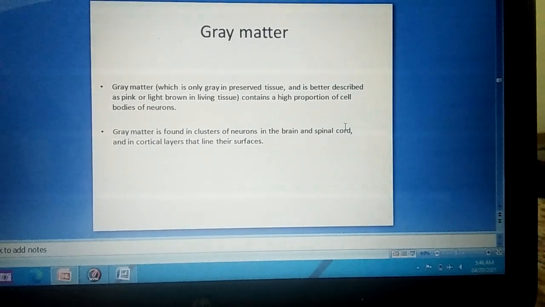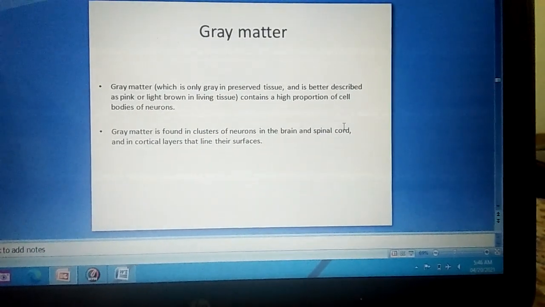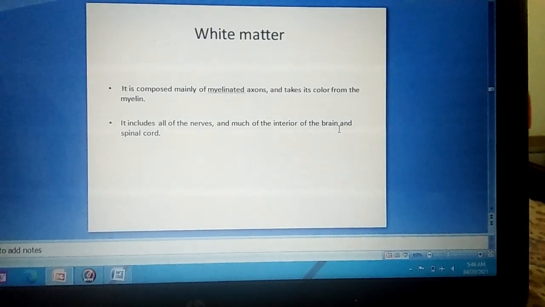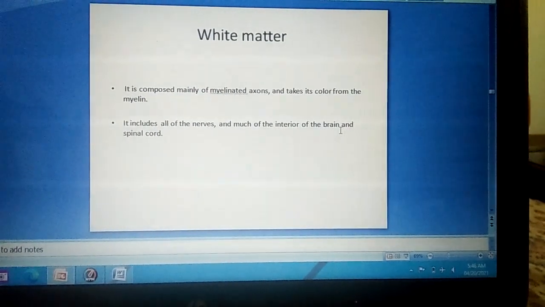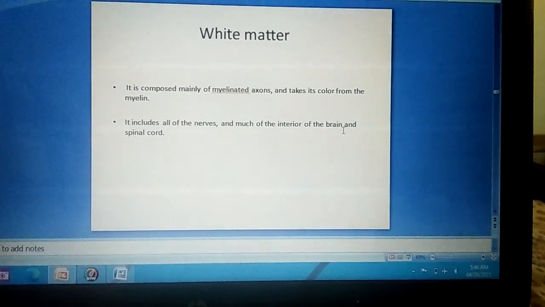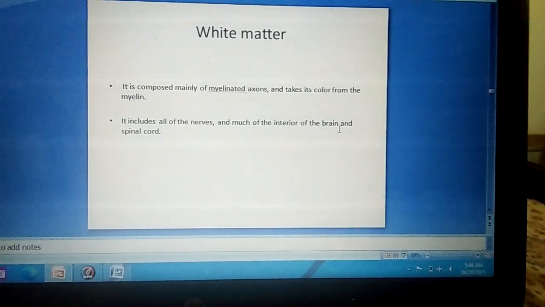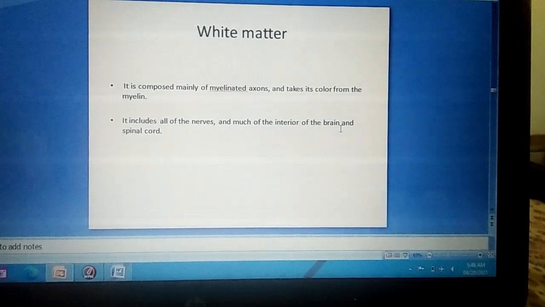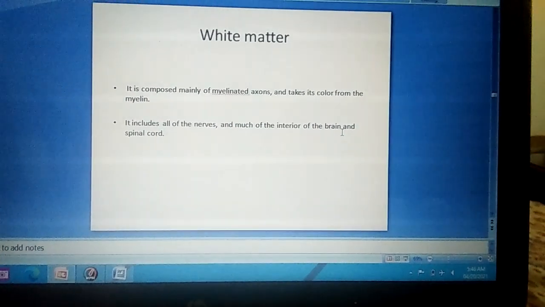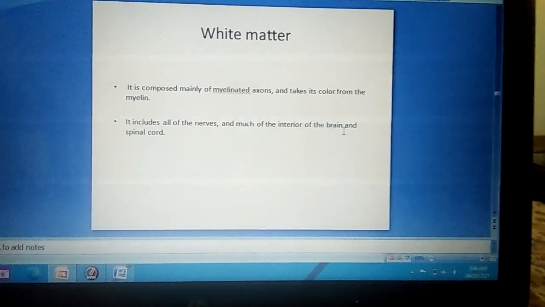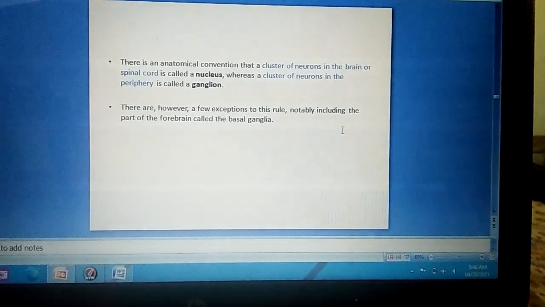Gray matter is found in clusters of neurons in the brain and spinal cord and in cortical layers that line their surfaces. White matter is composed mainly of myelinated axons and takes its color from the myelin. It includes all of the nerves and much of the interior of the brain and spinal cord.